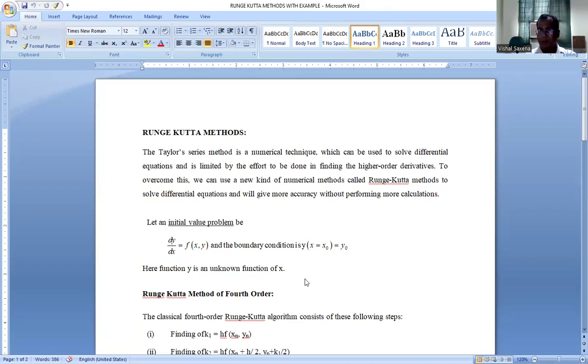an accurate solution for the differential equation. Other methods, like Euler's method, Picard's method, and Milne's predictor corrector method, do not give such accurate solutions as this method.